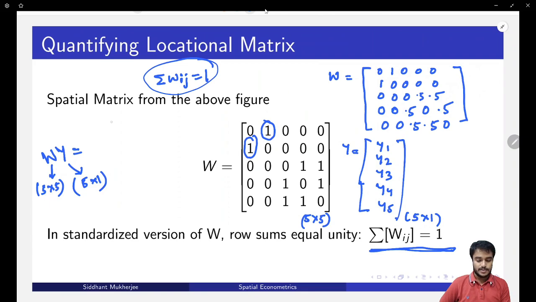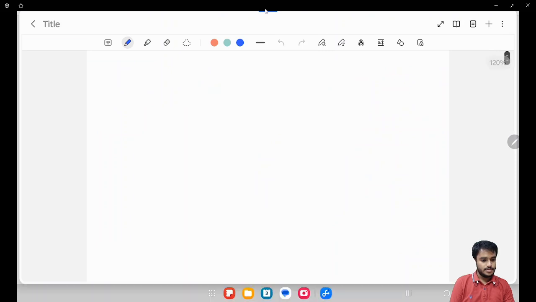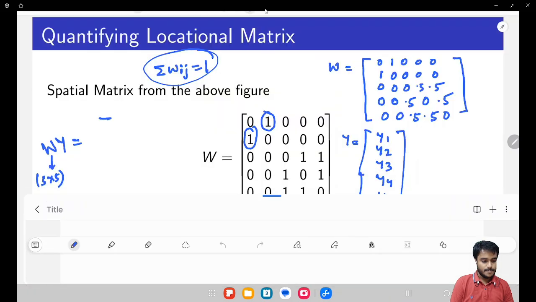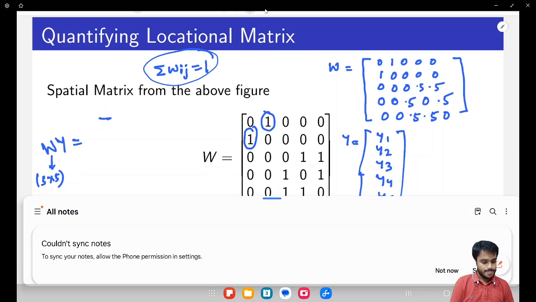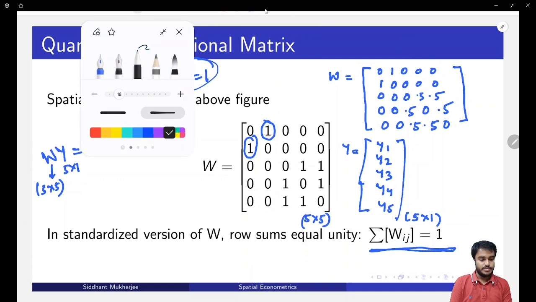So this is the matrix structure for this form. And this is also 5 cross 1.